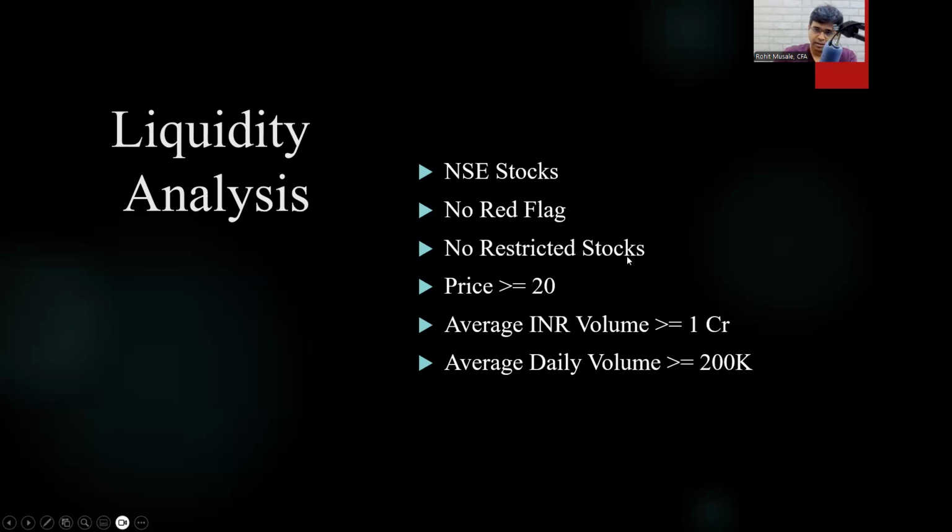Okay. And these are all our filters: price greater than or equal to 20. We don't want penny stocks. We don't want stocks that are manipulated. So average INR volume should be more than or equal to 1 crore. And this is optional: average daily volume of 200,000 shares traded minimum.